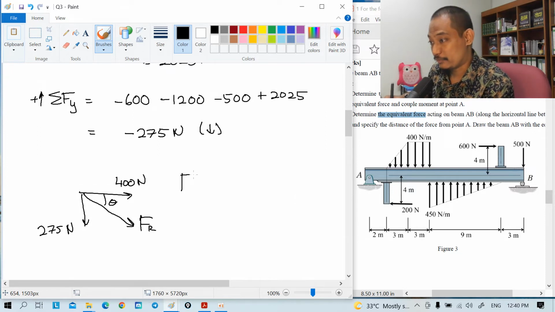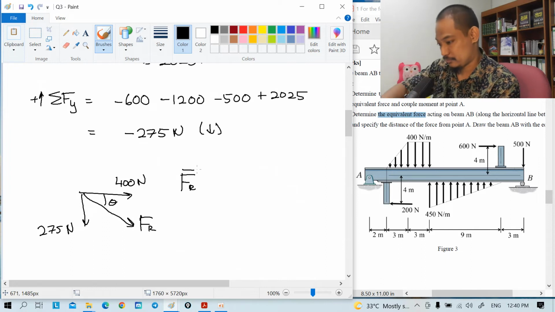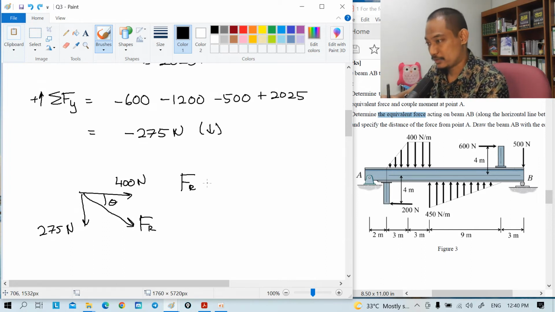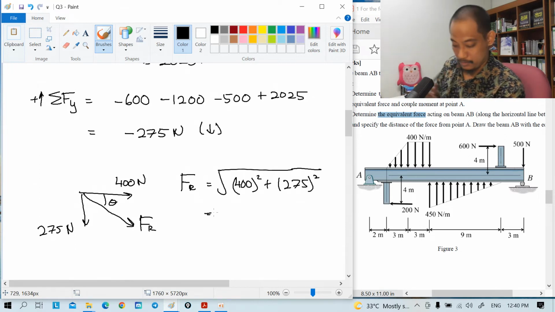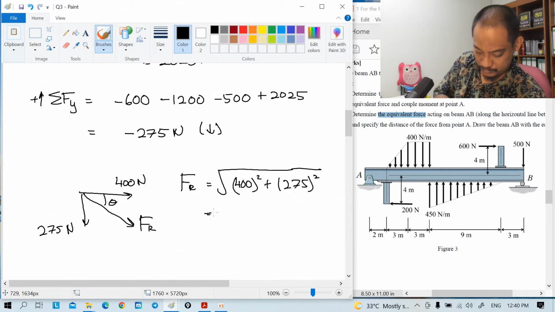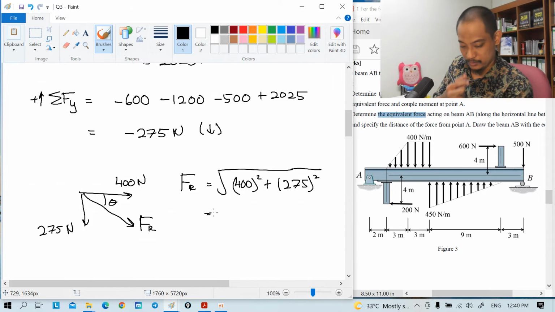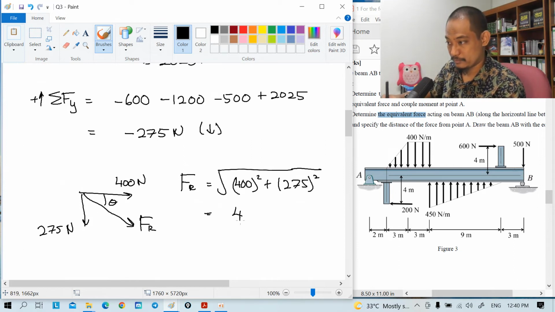So FR is simply the square root of 400 squared plus 275 squared, which equals 485.41.